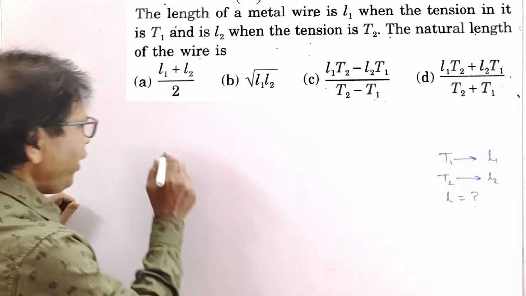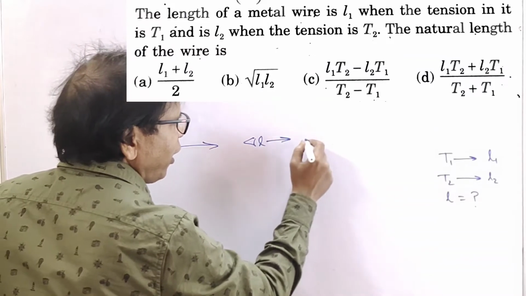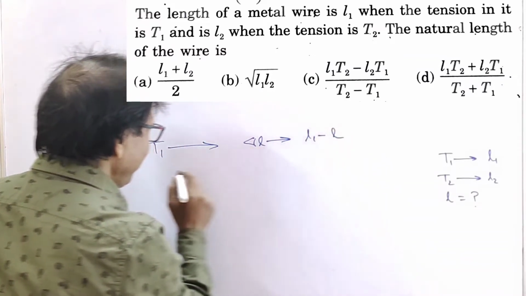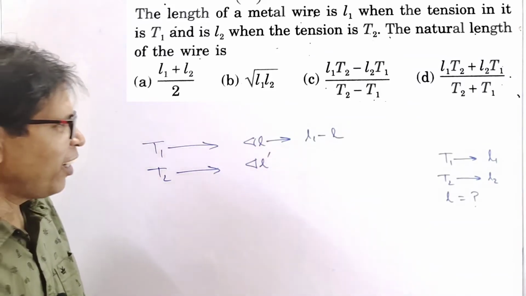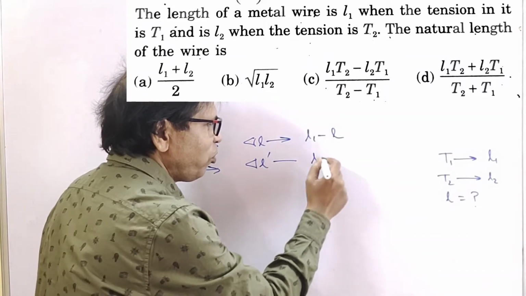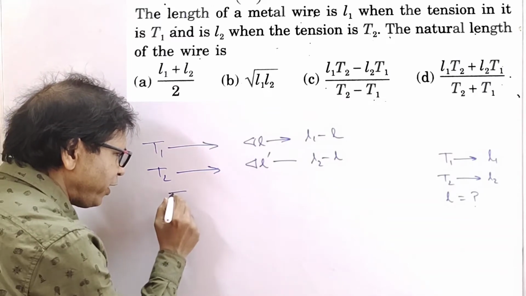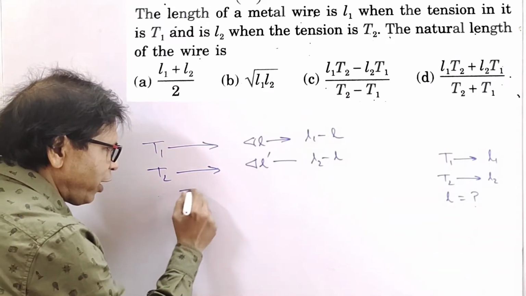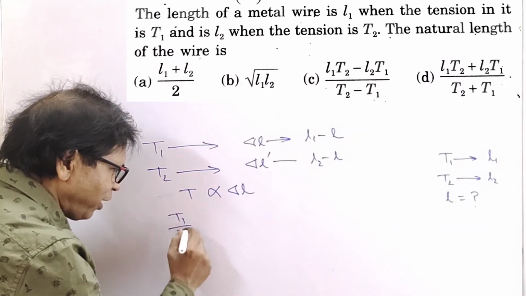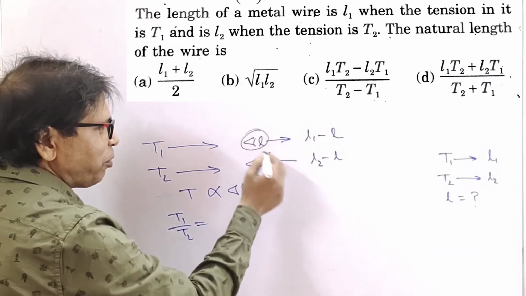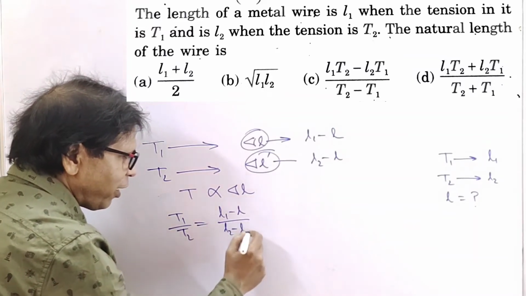When tension is T1, the increase of length delta L equals L1 minus L. When tension is T2, the increase of length becomes L2 minus L. As elongation is directly proportional to increase of length, T1 by T2 equals L1 minus L divided by L2 minus L.